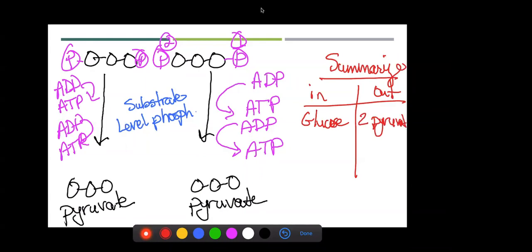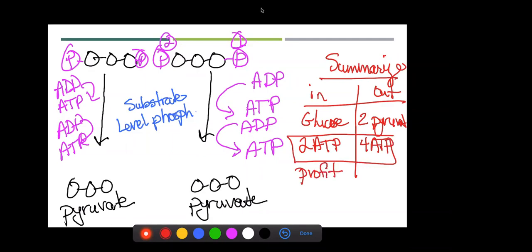I put in 2 ATPs and I got 4 ATPs. So right here, my profit is only 2 ATPs. I also put in 2 NAD pluses and I got out 2 NADHs.